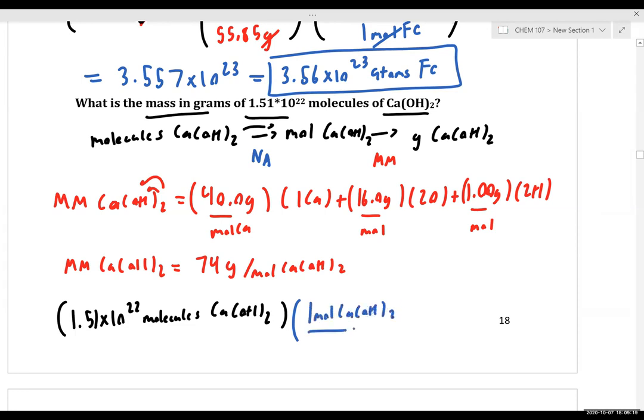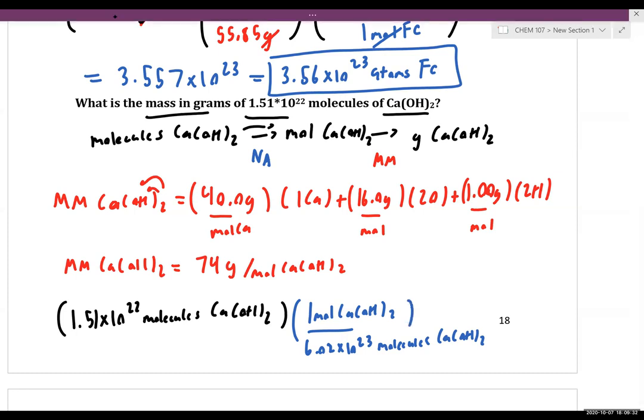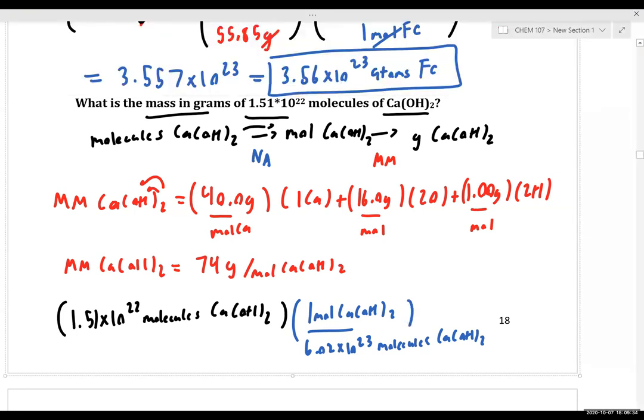So in 1 mole of calcium hydroxide, we have 6.02 times 10 to the 23rd molecules of calcium hydroxide. Next, if we wanted to go from moles to grams, we can in turn utilize our molar mass, which is 74 grams per 1 mole of calcium hydroxide.